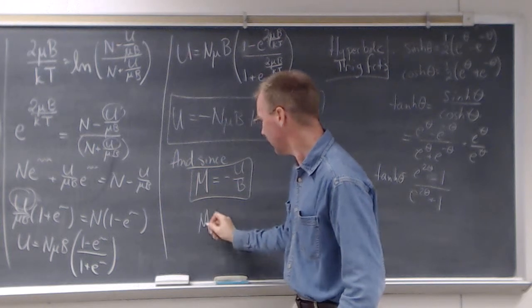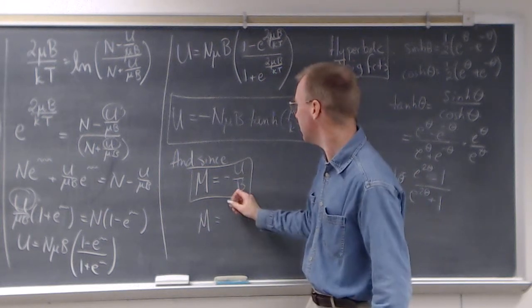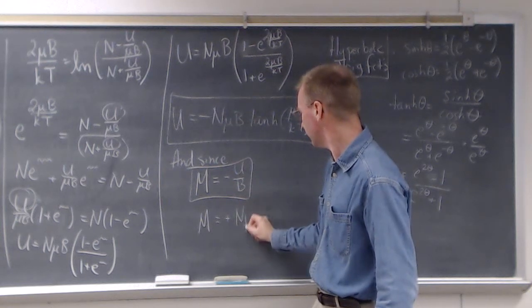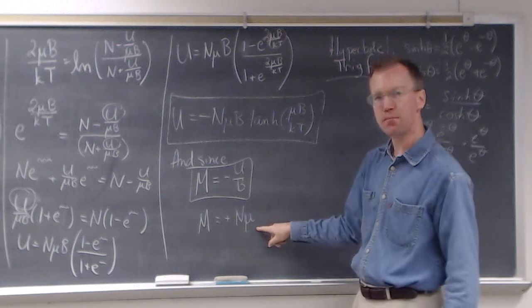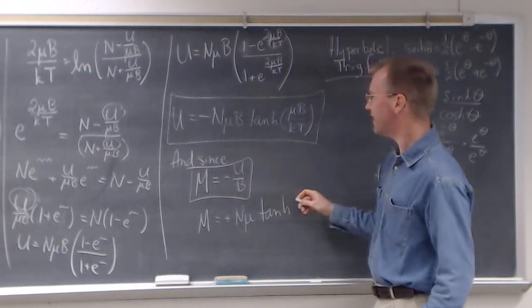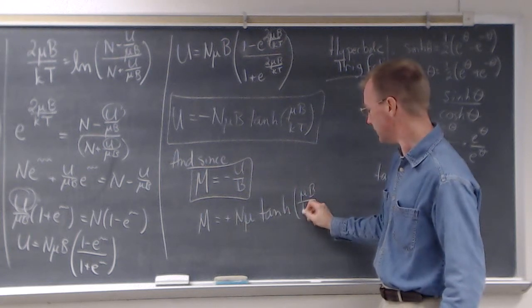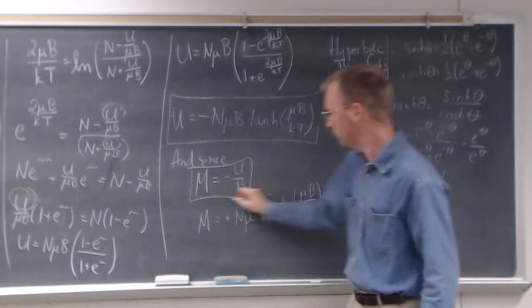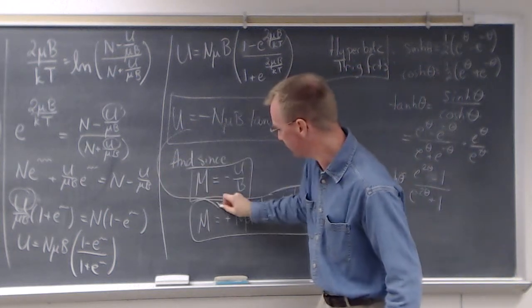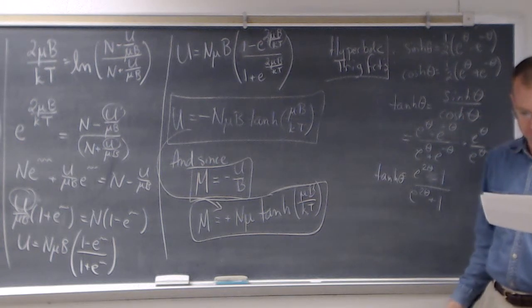So we get the magnetization of a paramagnet is positive N mu times tanh mu B over kT. We've just used the result we just got for the total energy.